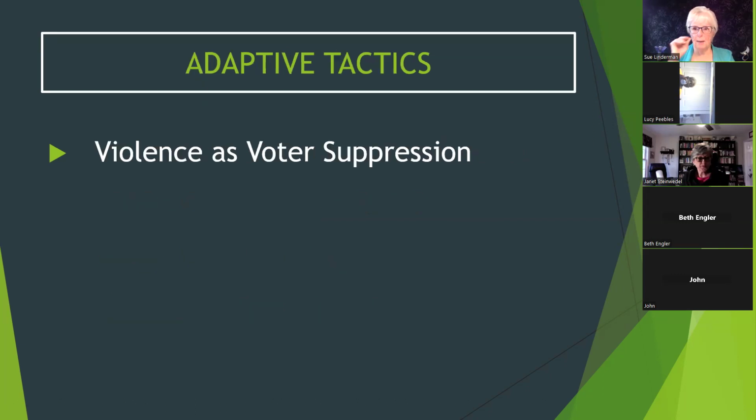But we know the adaptive tactics began then, and that significant violence as voter suppression took hold. In 1865, the Ku Klux Klan was founded, along with other smaller terrorist organizations. In 1867, the Knights of the White Camellia took form. And these were two secret organizations.